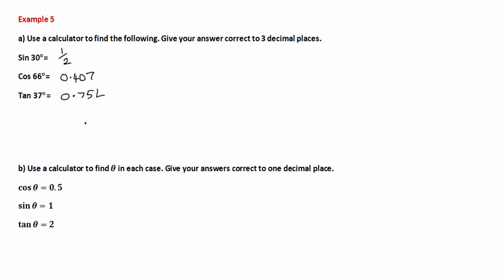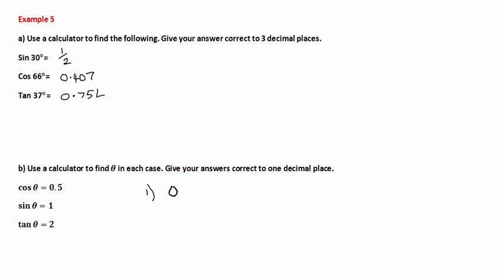In part B, we do something similar, but we need to find the angle. So what you need to learn how to do is use the inverse function. If cos theta equals a half, let's call this the first one, you need to find the inverse of cos.